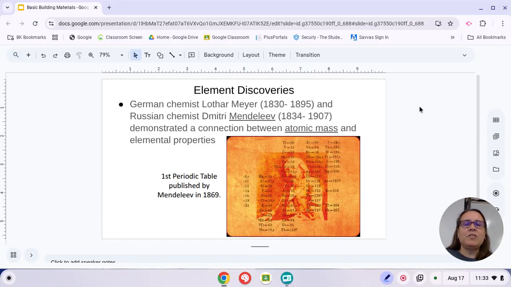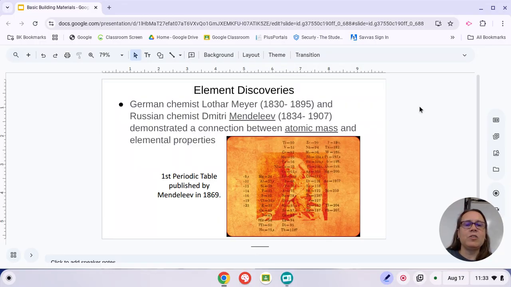And so we started to put this periodic table together, and Mendeleev is the guy that is predominantly given the credit for coming up with the periodic table that we have today.